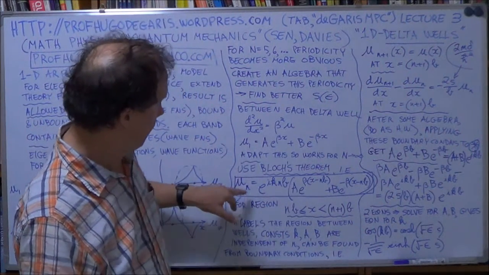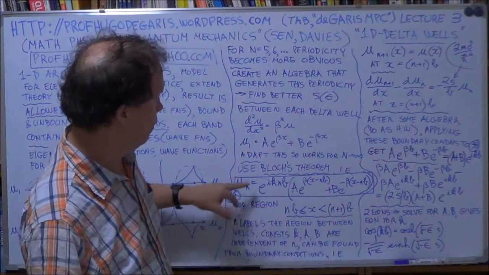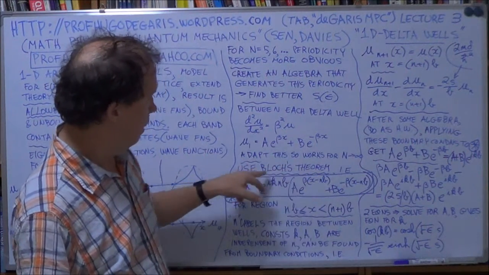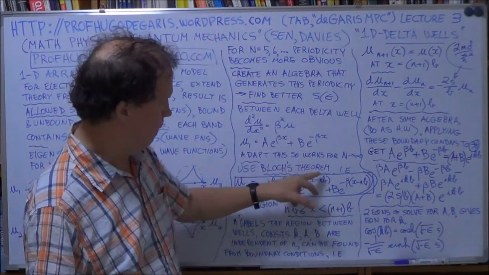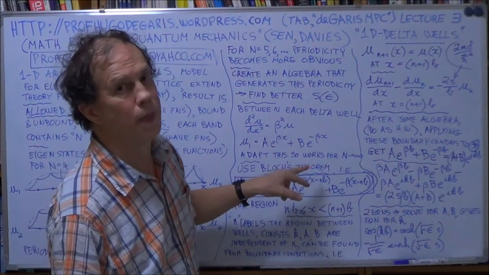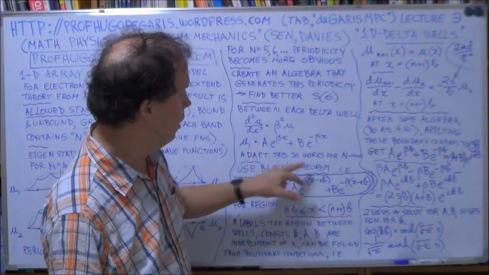Now admittedly this is just thrown at you, right? This comes from Bloch's theorem, and the textbook doesn't state what that is. It's just that this is consistent with Bloch's theorem, which is a rather famous result in advanced quantum mechanics. So don't worry about it too much.